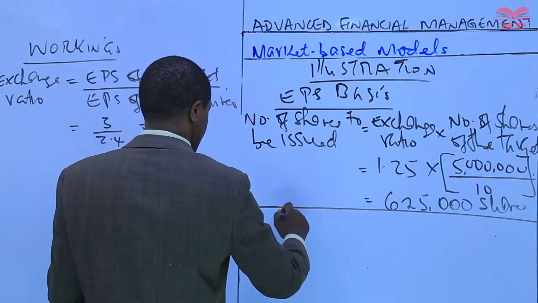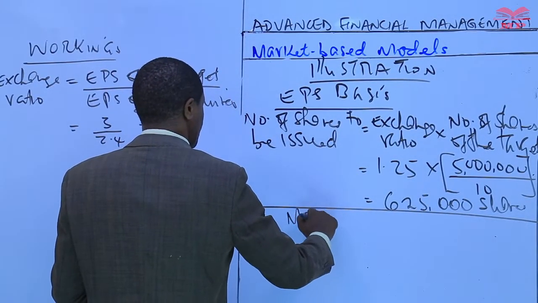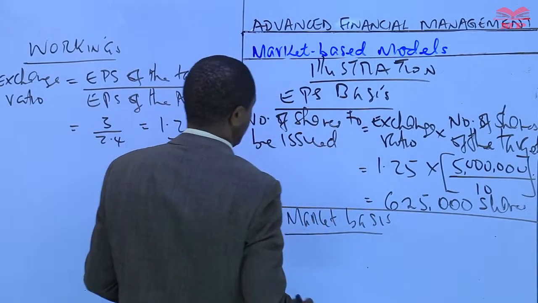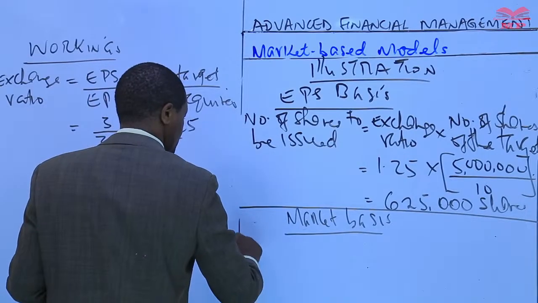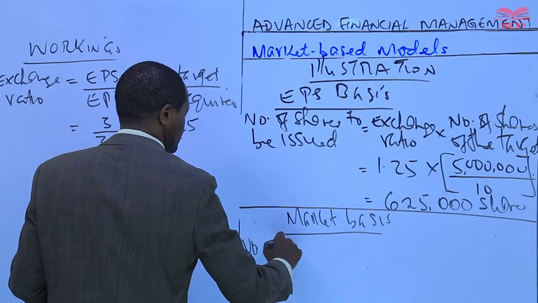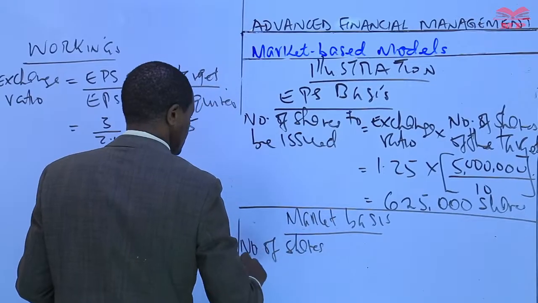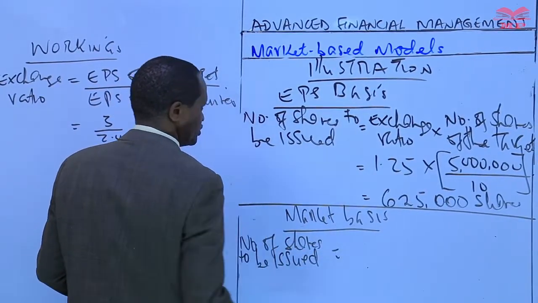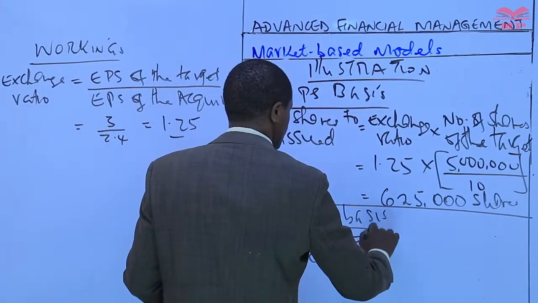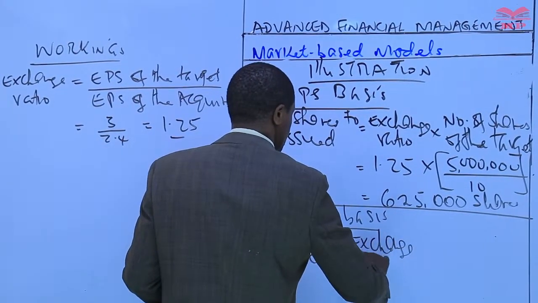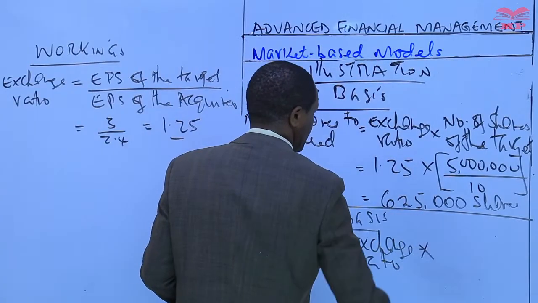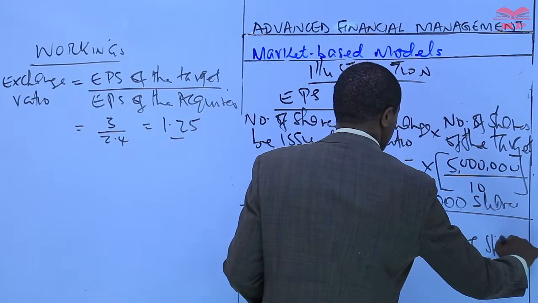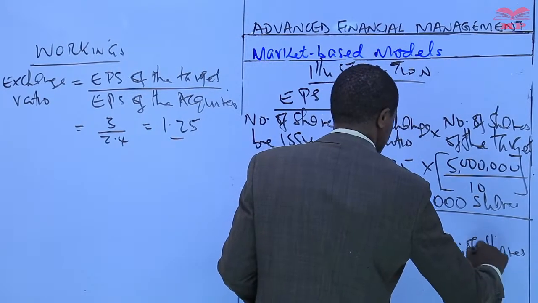Then using the market value basis, the number of shares to be issued will be equal to, again, the exchange ratio multiplied by the number of shares of the target.